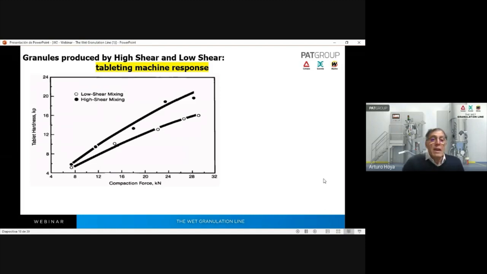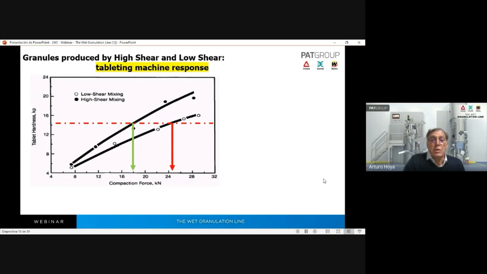Well, if we mark a defined value of tablet hardness, for example, here we put approximately 15 kilopounds, what we note is that the low shear granules need a bigger force or pressure to form the tablet.